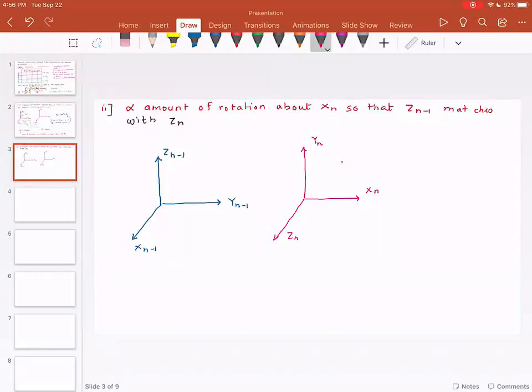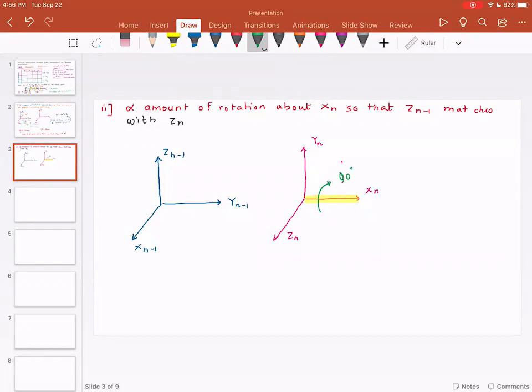So now in the second rule, please understand, again, we have two frames, but notice the rotation is now about Xn. So this is the axis of rotation. And now what I need to do is find the rotation so that the current Zn is aligned with Zn minus 1. And the only way this could happen here is by a rotation of 90 degrees.